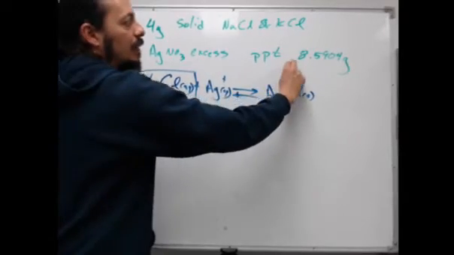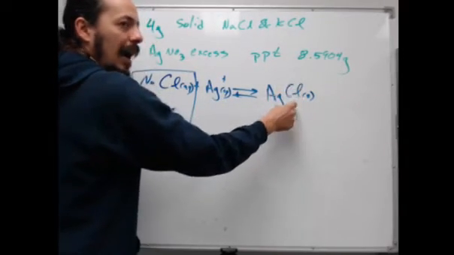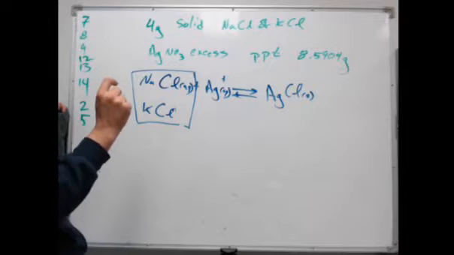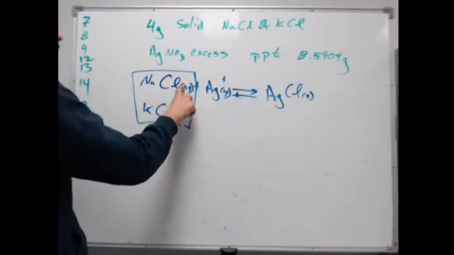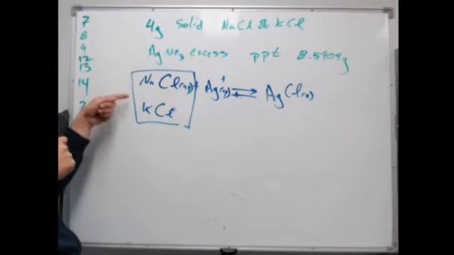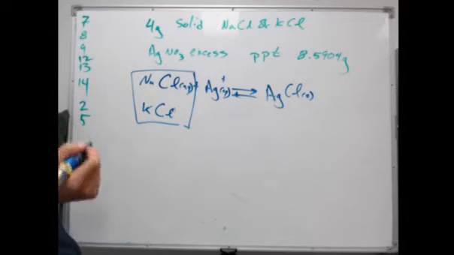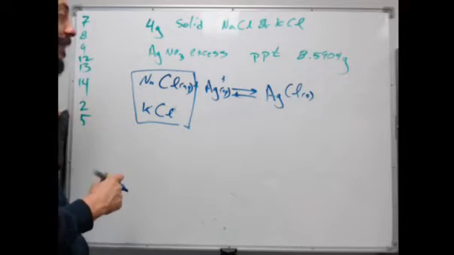So essentially, we can use this mass of precipitate to figure out how much chloride ion is in solution. And then we can use that to relate back to the amount of chloride that must be in these 2. So we're going to get essentially 2 equations that we have to deal with.